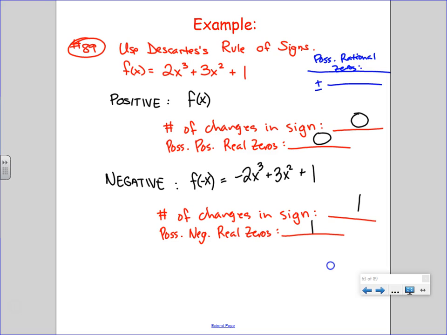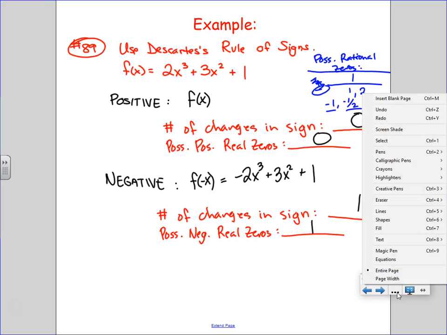Plus or minus factors of the last number over factors of the leading coefficient. But we already know, let's forget all of the positives and focus on the negatives, right? So the only ones we're going to test are -1 and -1/2. Does that make sense? Let's see if that actually works.